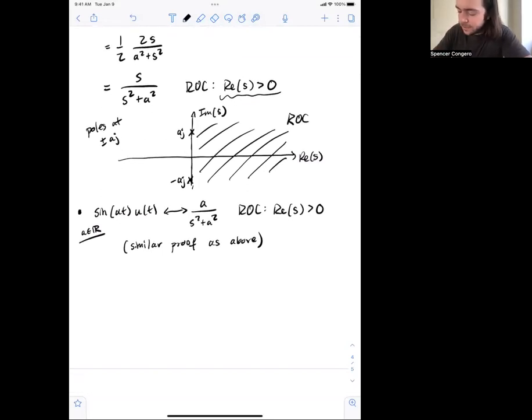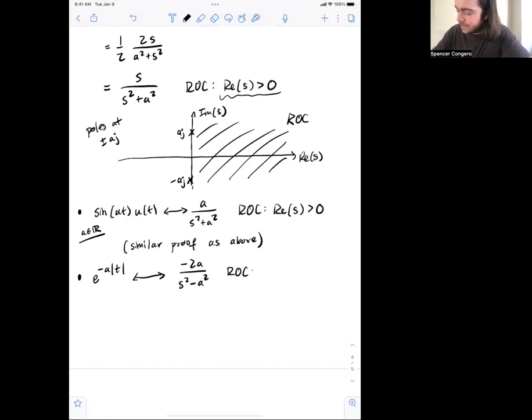And now we have one more to cover here. So what about e to the negative a absolute value of t? What about that function? It turns out the Laplace transform is negative 2a divided by s squared minus a squared.